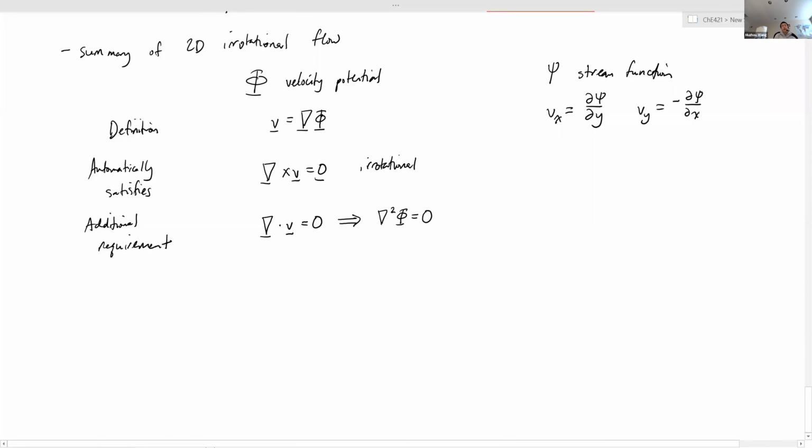The reason we select that definition is because the stream function, as defined this way, automatically satisfies the continuity equation. And if we want an irrotational flow, then we need to impose this additional requirement.